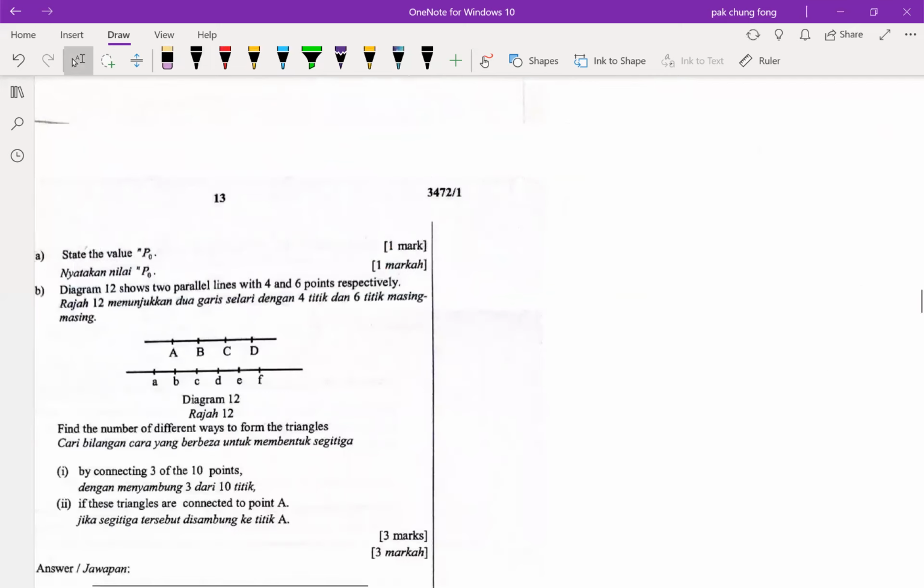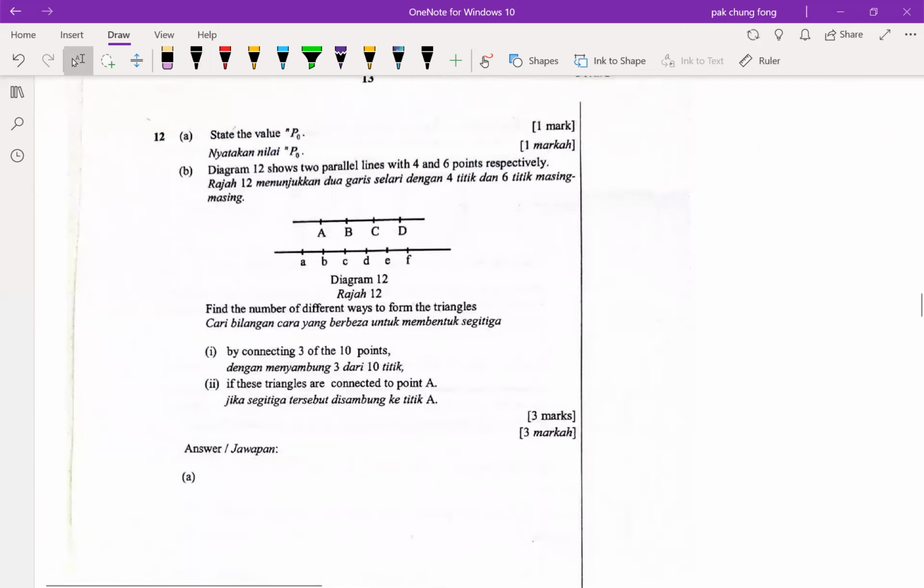OK，next 第12题。12A，nP0，所以 nP0，n whatever number 你打进去的话，它都是等于1，所以直接写1。12B 的，4个 points，6个 points，find the number of different ways to form a triangle by connecting 3 of the 10 points.